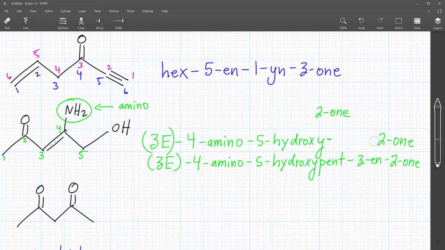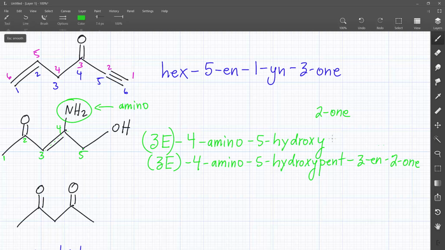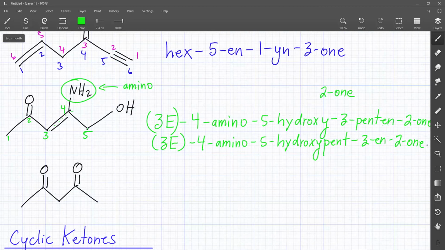So here, that's 5-hydroxy. I could write 3-pent-en-2-one.